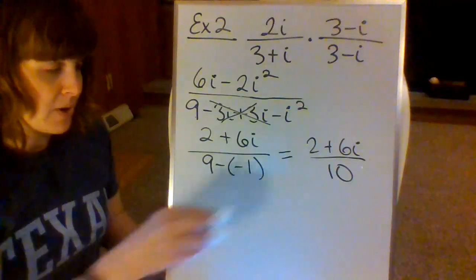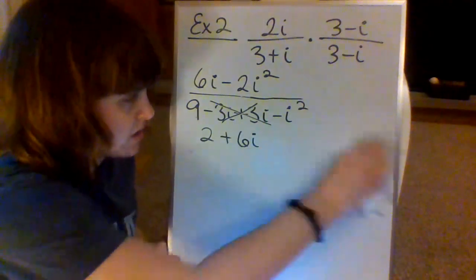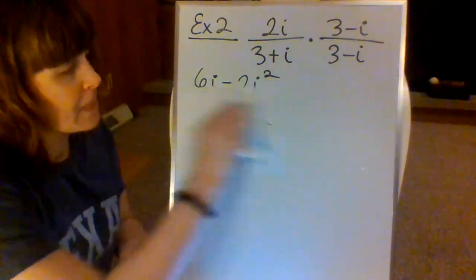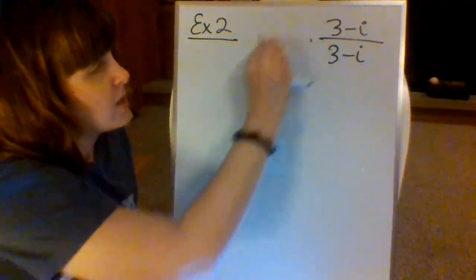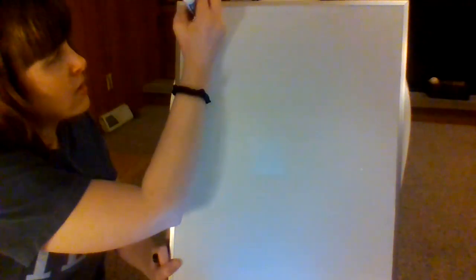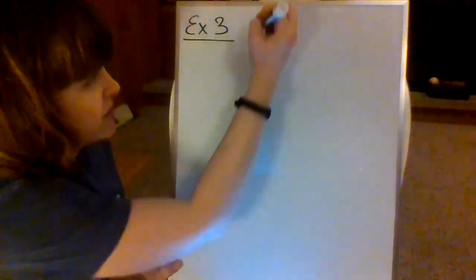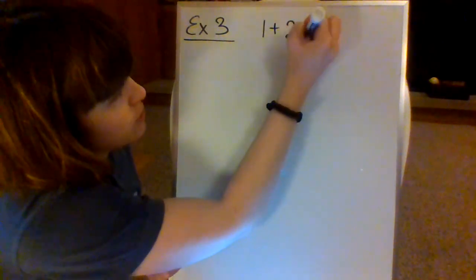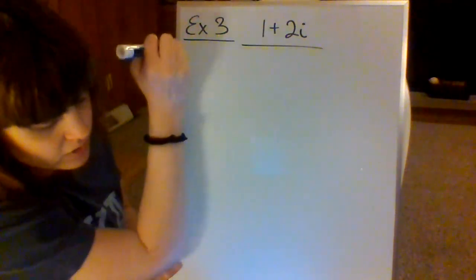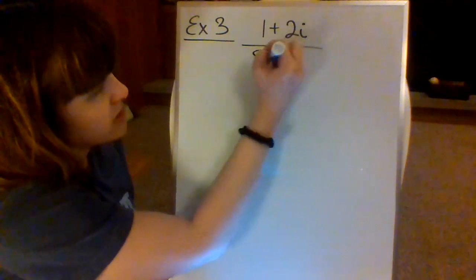Alright, so we're going to keep going. We're going to try example 3. Example 3 says (1 plus 2i) over (8 plus 2i).